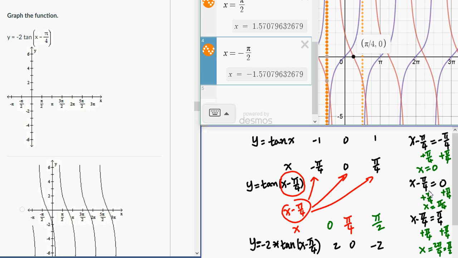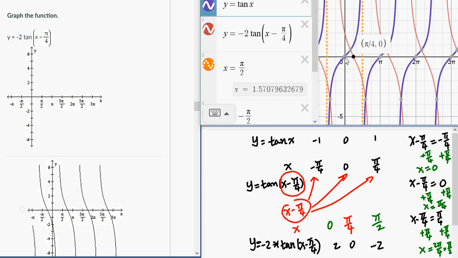And here is the algebra: x minus pi over 4 is 0. Add pi over 4 on both sides. You have x equals pi over 4. So this point originally was here. Now it goes to here.